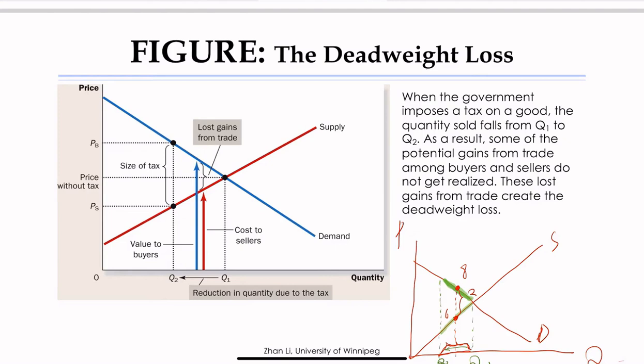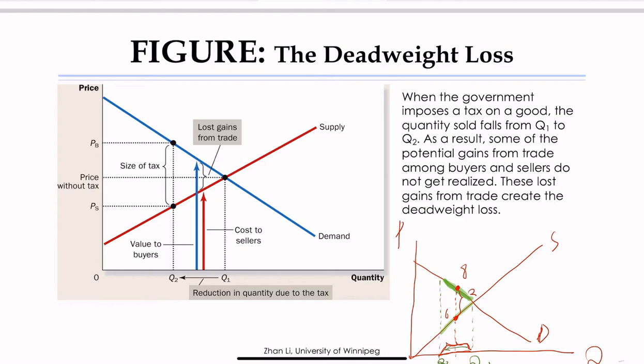If either a demand curve or a supply curve is more elastic, this implies that either buyers or sellers are more sensitive to price changes caused by the tax. This also implies that they will actually change more in the quantity, right? If you're a buyer, if you're sensitive to the price increase because of the tax, then the reduction of your consumption will be larger if the demand elasticity is large.